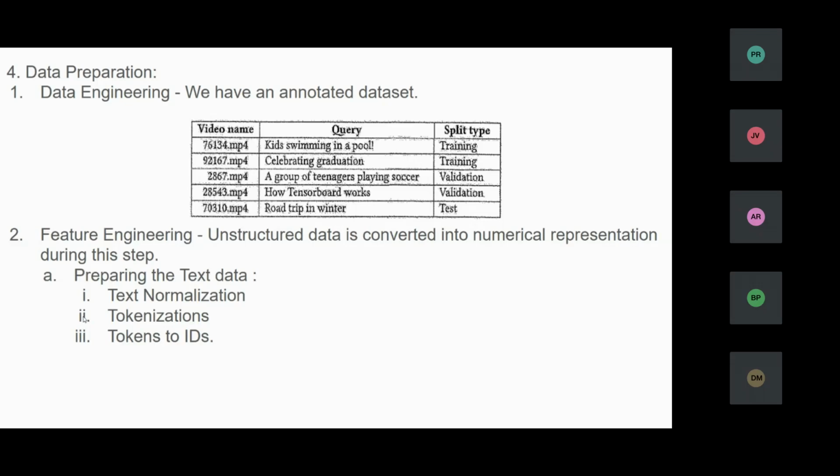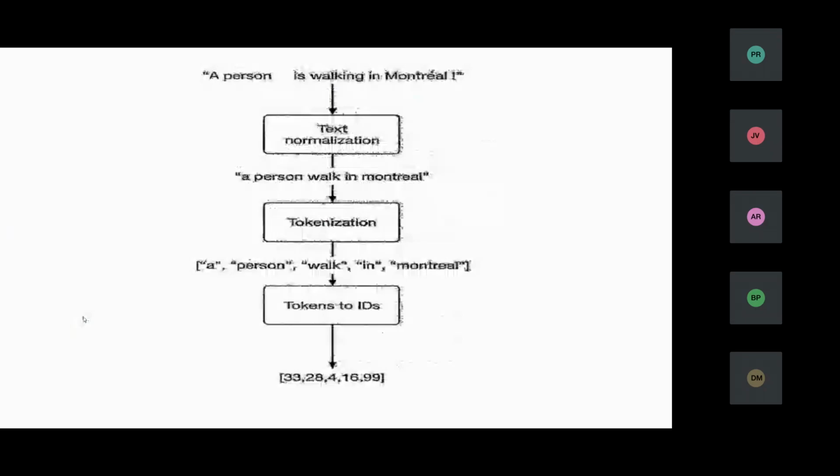In preparing the data, we will be discussing it in three steps: text normalization, tokenization, and tokens to IDs. This image can roughly tell you what each of the terms will be doing. A person is walking in Montreal is the sentence that we have.